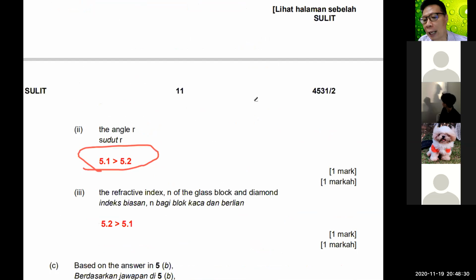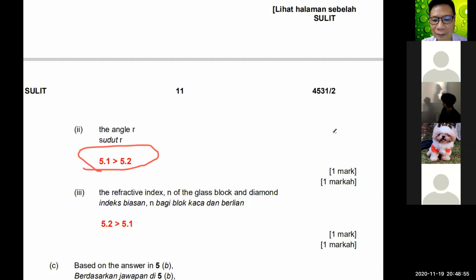The best is I ask you all to repeat. Kirtana, can you come out please? Yes, sir. Can you repeat what I said? I said a lot of things, can you recall what I said, Kirtana? The refractive index is the ability to bend the light.